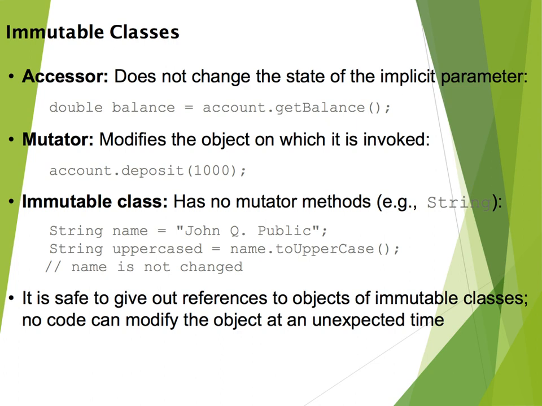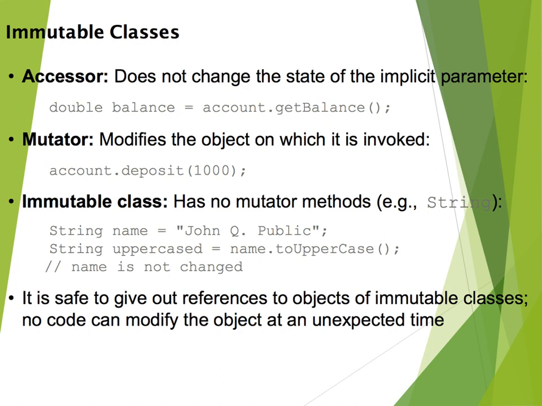The class String, that I'm sure all of you have used before in Java, is an immutable class, which means that no matter what method of String you call, you're not going to change the object of a string that you have created before and you're using.